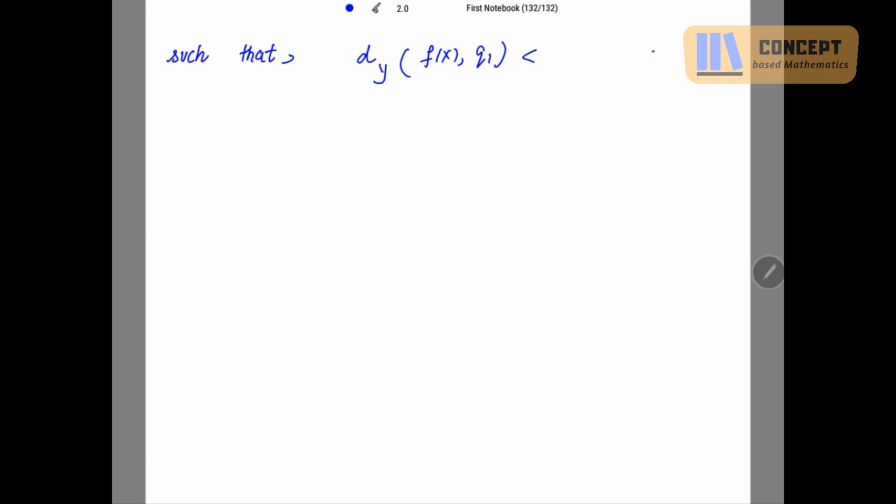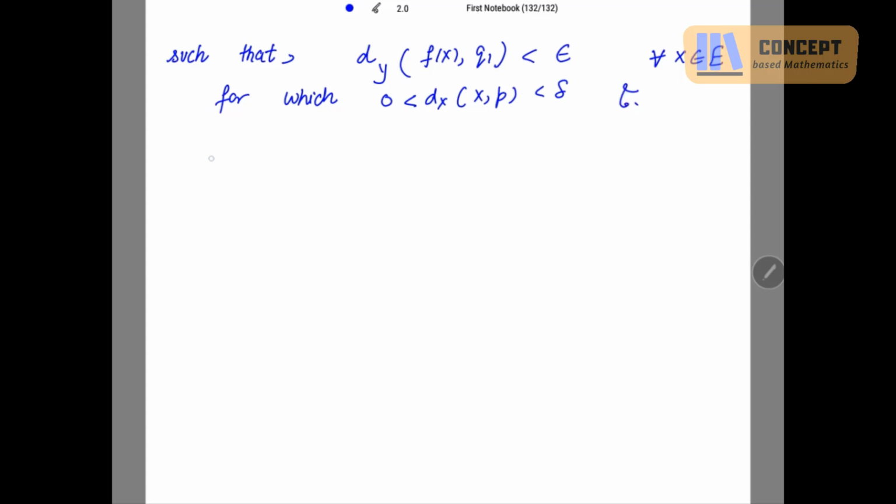For all x belonging to E, for which the distance in X of x comma P is less than delta 1.